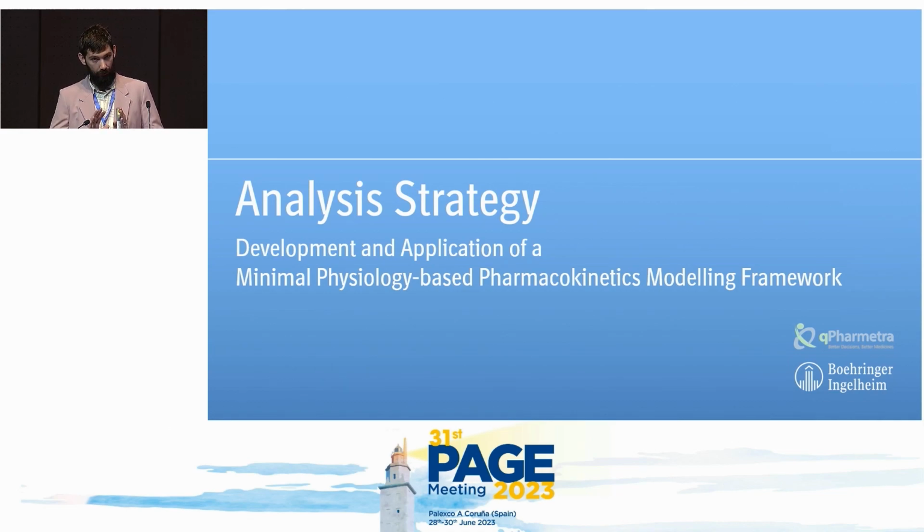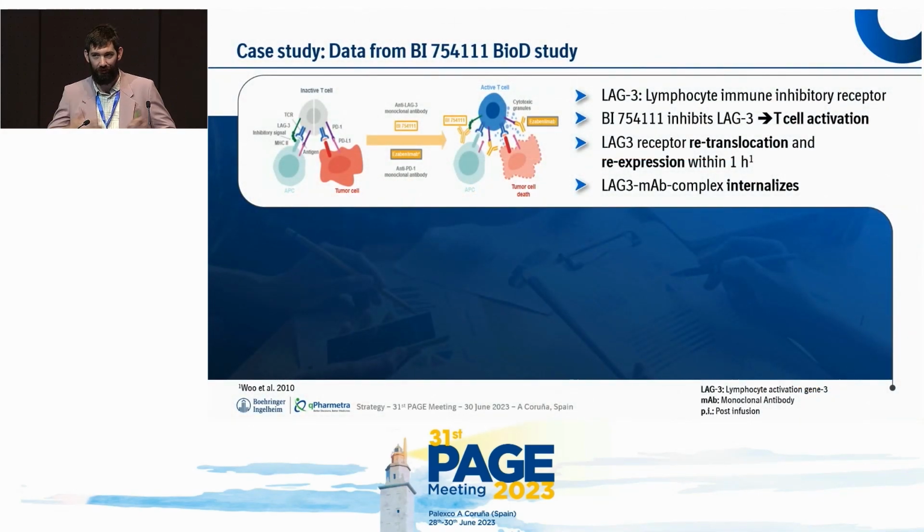To develop this framework, we start with a case study, the first one of hopefully many, and I also encourage you to start applying these kinds of frameworks to your data sets in your companies or universities. The case study was an anti-LAG3 compound.